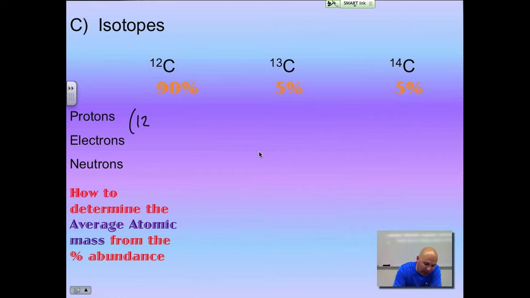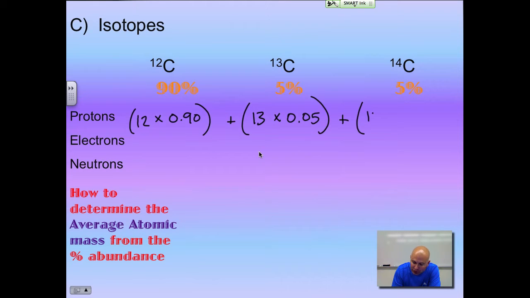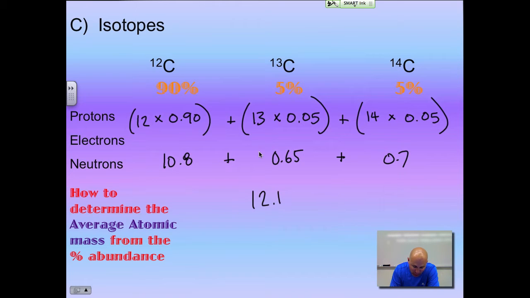I take my carbon 12, multiply it by 90%, add that to 13 times 5%, and add that to carbon 14 times 5%. I've got 10.8 plus 0.65 plus 0.7. I add those three numbers up and I get 12.15.